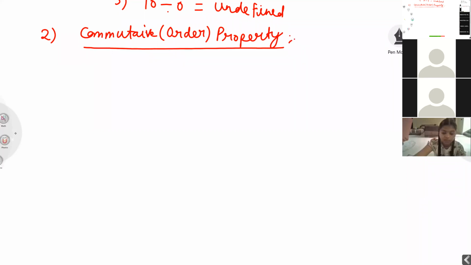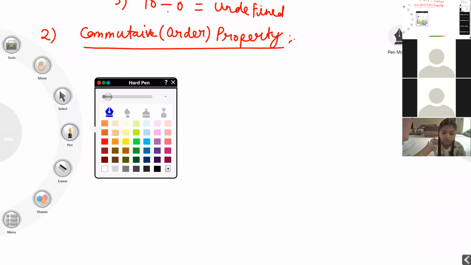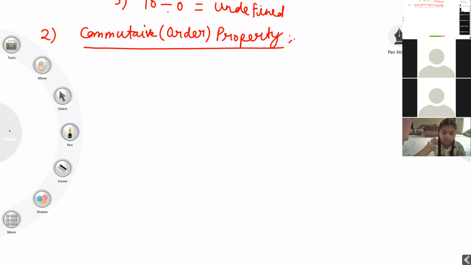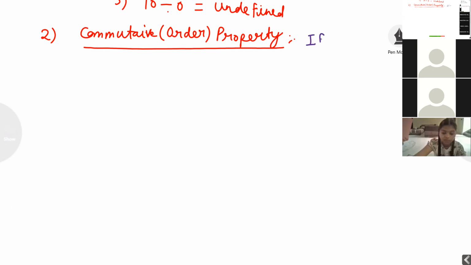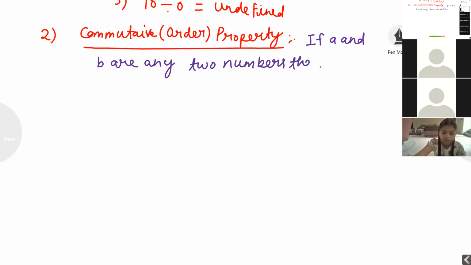If A and B are any two numbers, then A into B is equal to B into A.